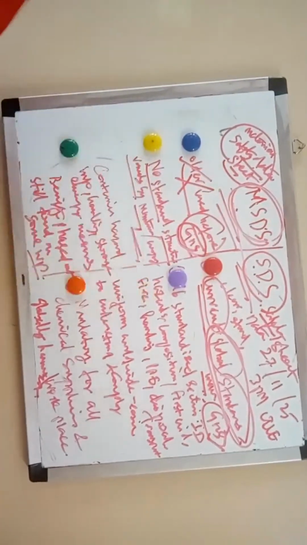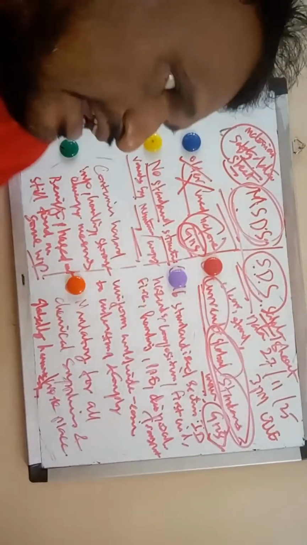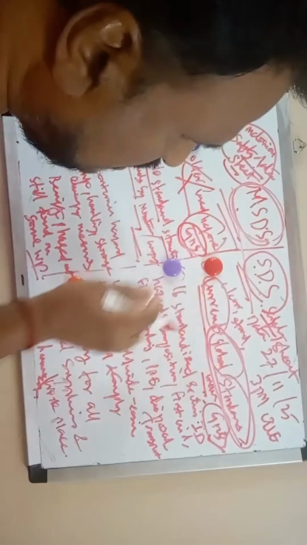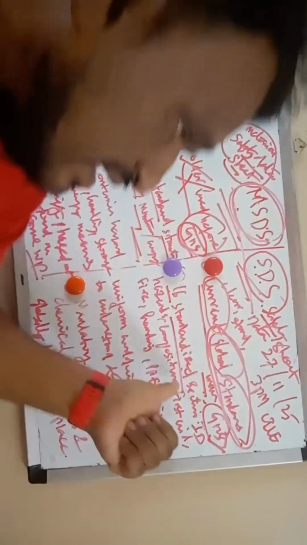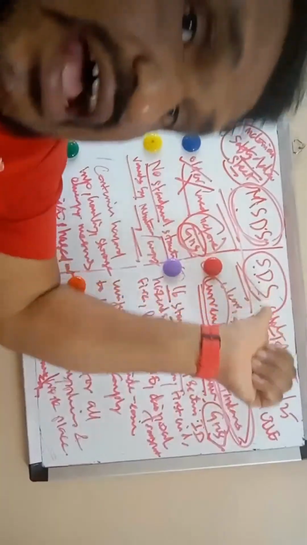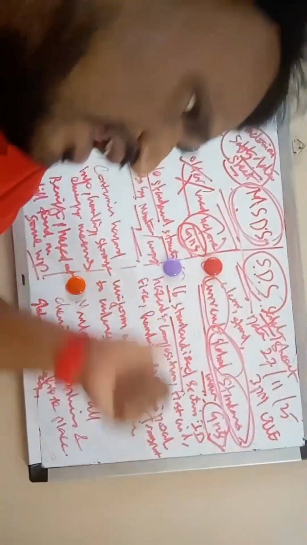But the new form is totally standardized, with 16 standardized sections, each with an ID. Here in the old one there is no standardization, but the safety data sheet is totally standardized.